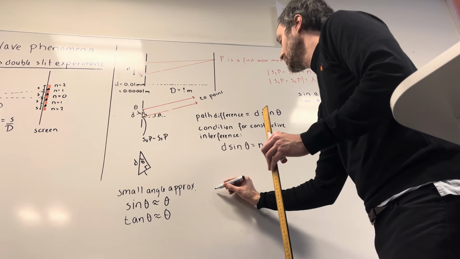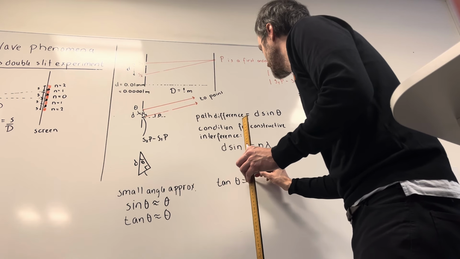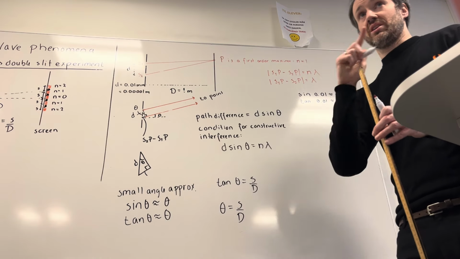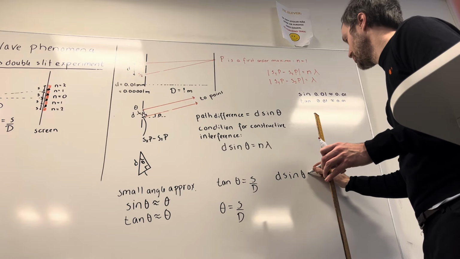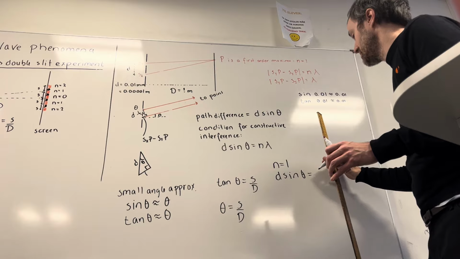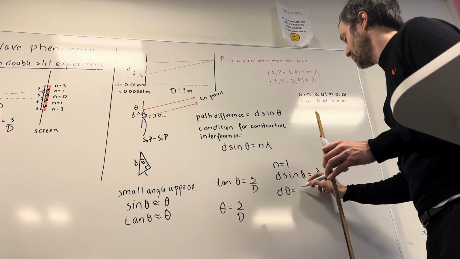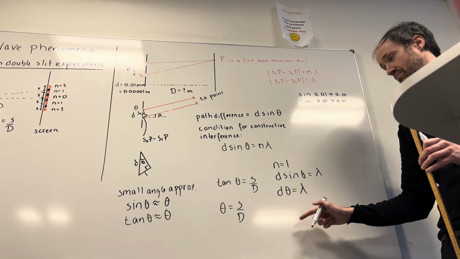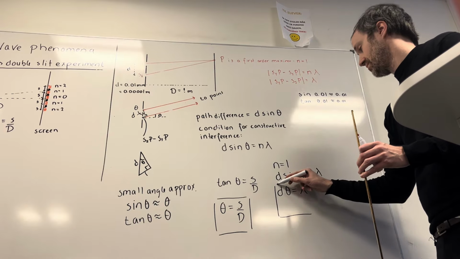Tangent theta, S over D, would be reduced to theta equals S over D using the small angle approximation, and D sine theta would be reduced to, let's say we assume that n is equal to 1, D theta equals lambda.